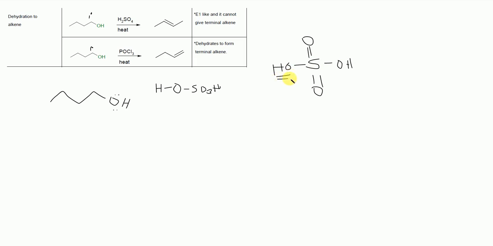And these are acidic hydrogens right here, because of how stable this structure is once I deprotonate and form a negative charge, right? The strength of an acid is determined by how stable the conjugate base is. So this is a very strong acid, and the OH with one of its pairs of electrons comes and takes the hydrogen and deprotonates the H2SO4. And what I get is essentially a good leaving group, right?